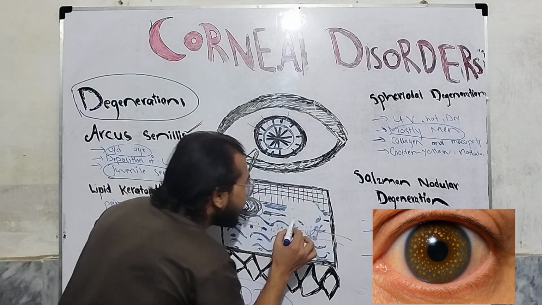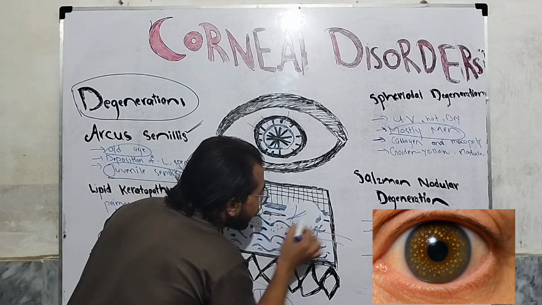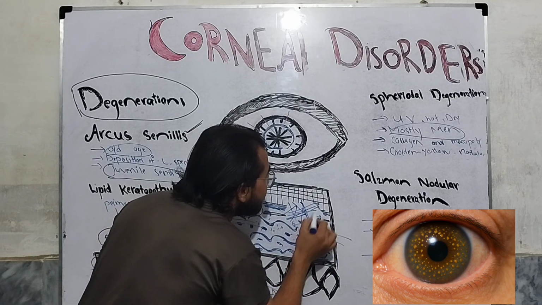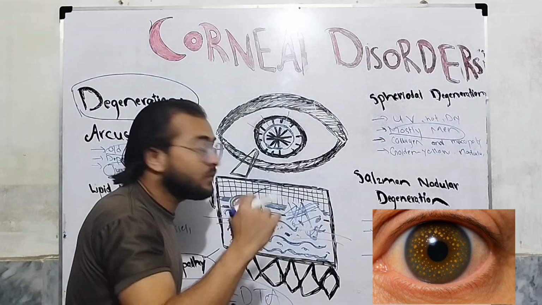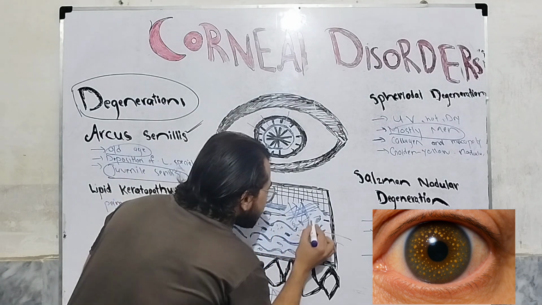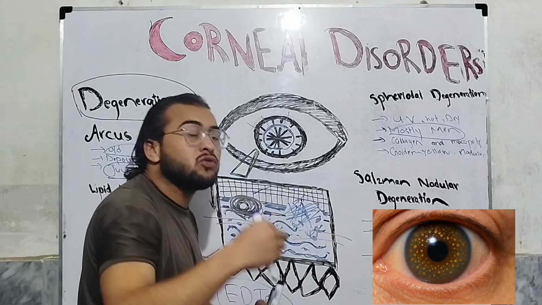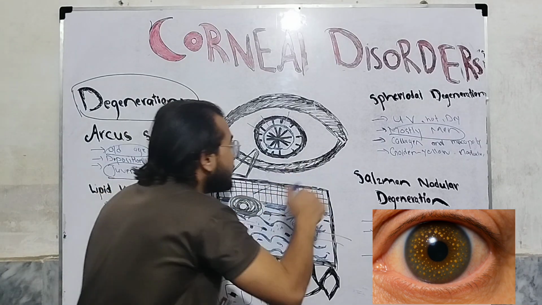environments, what will happen? There will be cross-linking. Okay, the cross-linking will occur due to the harsh environment between the collagen fibers and the matrix. And this cross-linking will produce a special type of granules.